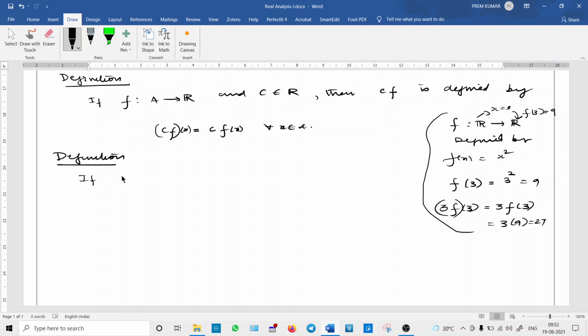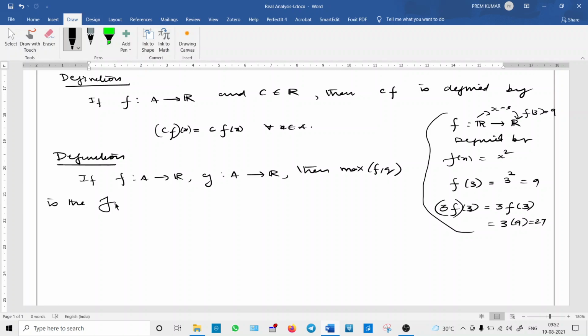If our function f is from A to R and g is also a function from A to R, then what is the maximum of the two functions, and what is the minimum of f and g?